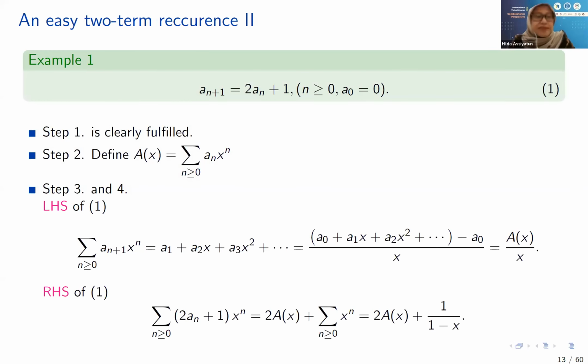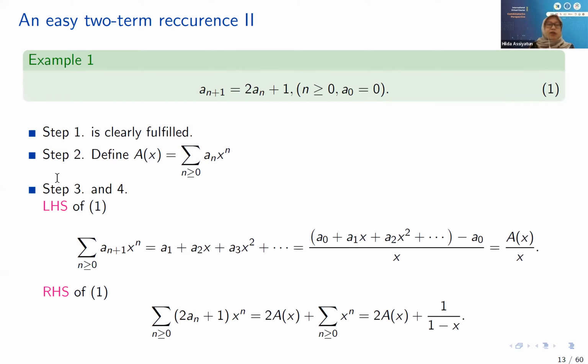Okay, this one. Again, this is our recurrence formula. The first step, remember, is to make sure that the independent variables are well defined. I think this is correct, so step 1 is clearly fulfilled.